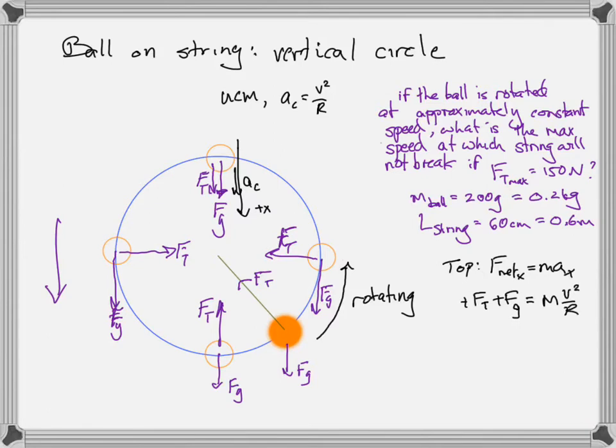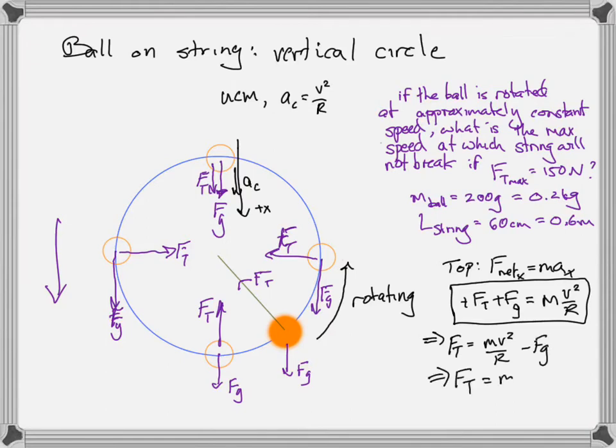So that's Newton's second law for the top. So what is the tension? Therefore, the tension is equal to m v squared over r minus Fg, which is mg. So the tension at the top is m v squared over r minus mg.